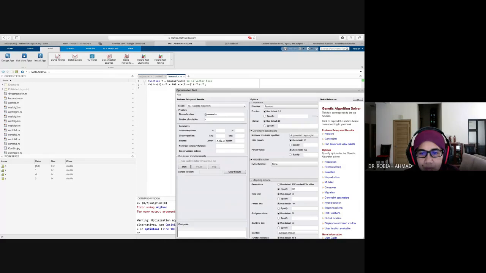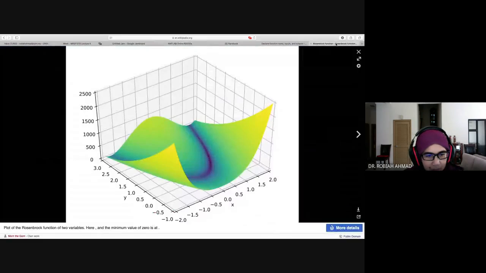Okay. And the upper is 3 and 2, I think. 2.0 and 2. See? Okay.